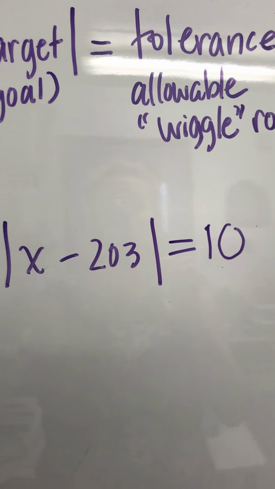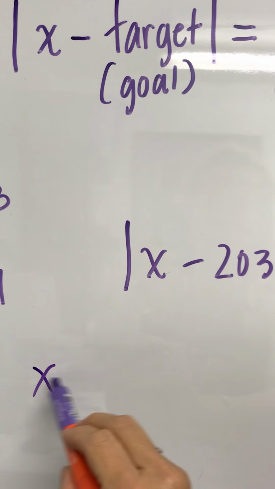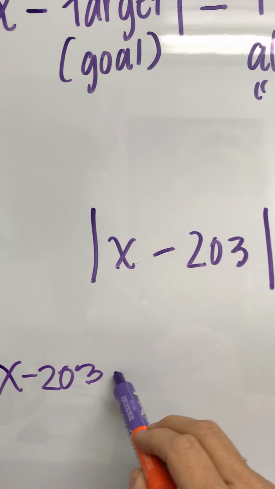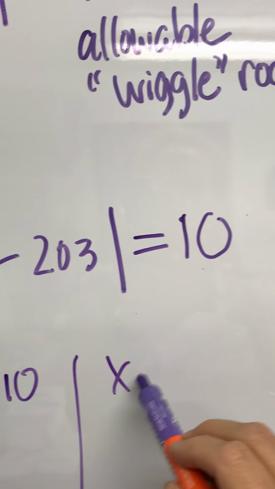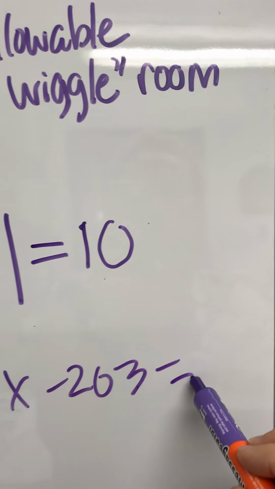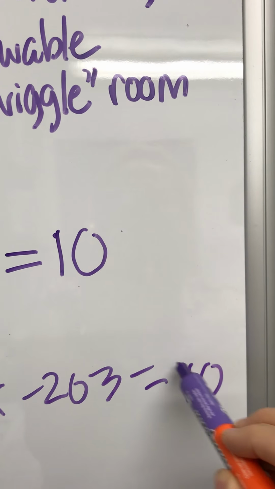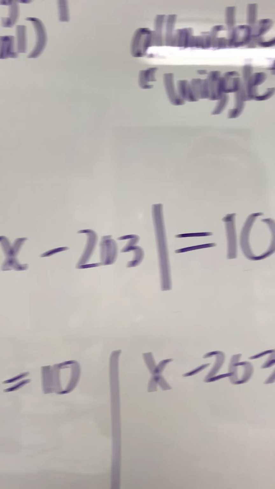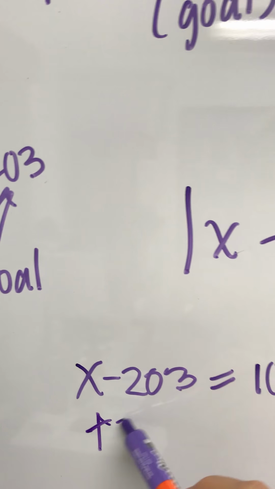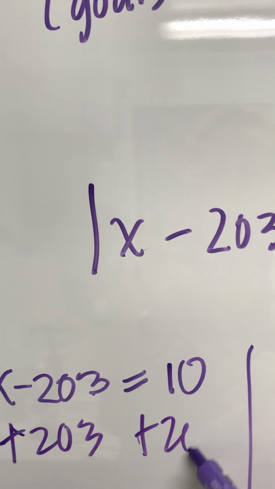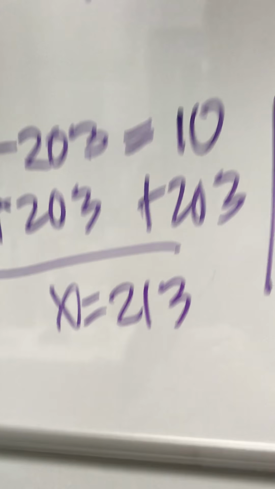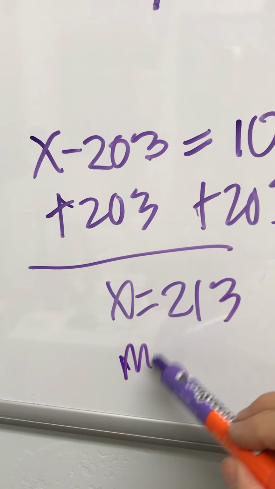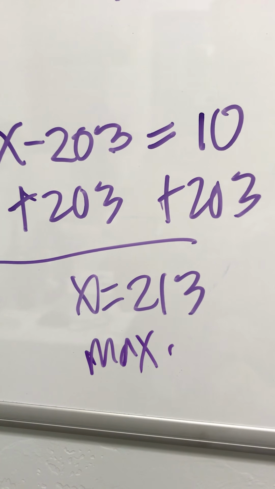Now we could go ahead and solve it, by the way. We could say x minus 203 equals positive 10. And we could say x minus 203 equals negative 10, right? And then if we added 203 to both of those, we're going to get x equals 213, and that's the maximum page number that the book members would agree to.